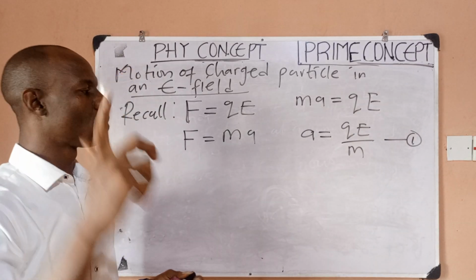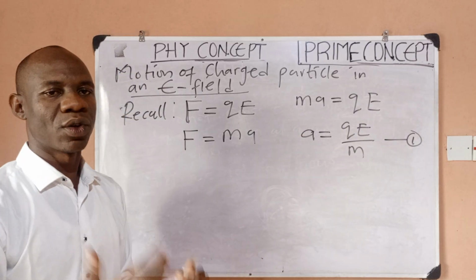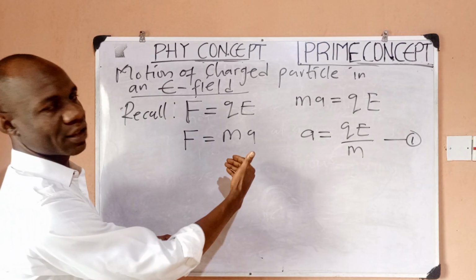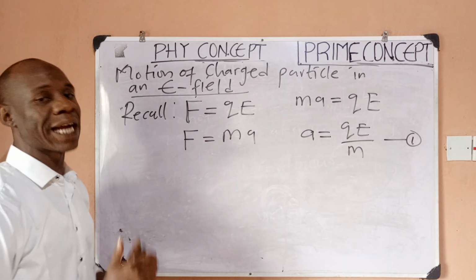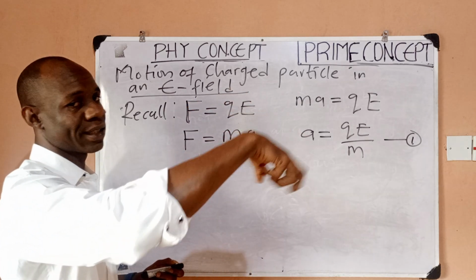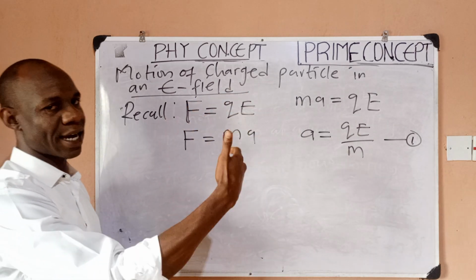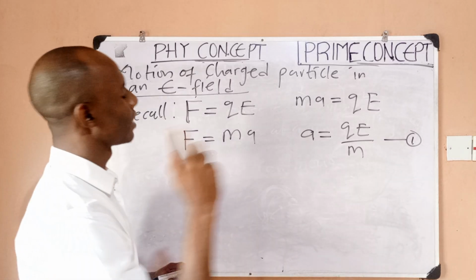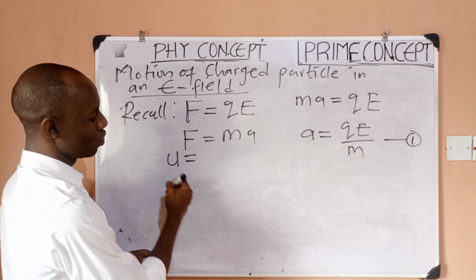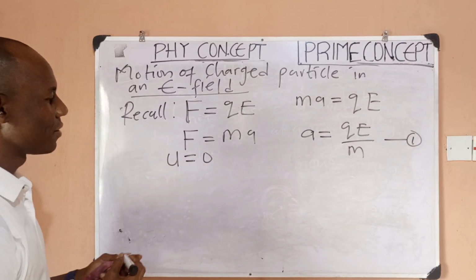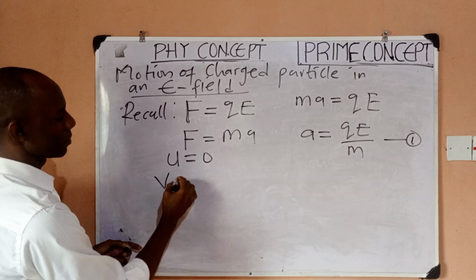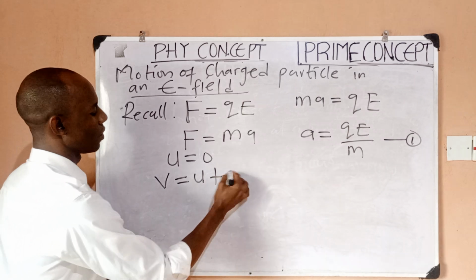Now say we want to also know the speed or the velocity, since we know the acceleration. We're going to assume that when the particle was placed in that field, it was initially at rest. We're going to consider that to simplify the problem. It was initially at rest before it began to experience an attraction which gave rise to the motion, right? So since it was initially at rest, the initial velocity u is 0. And from one of the equations of motion, we have that v equals u plus at, right?